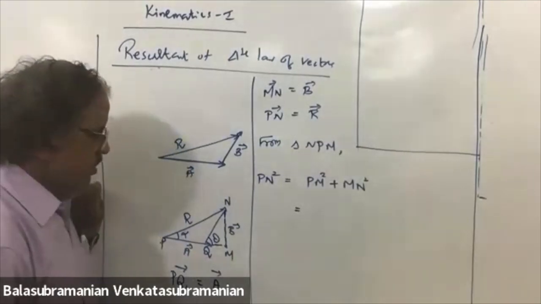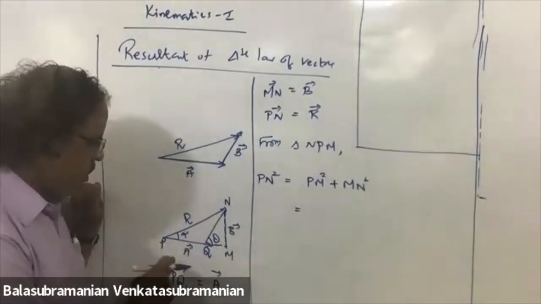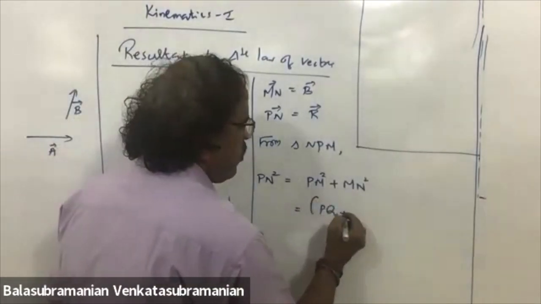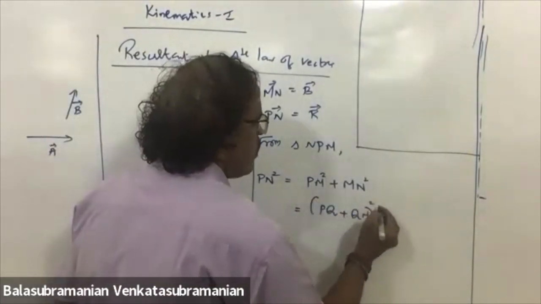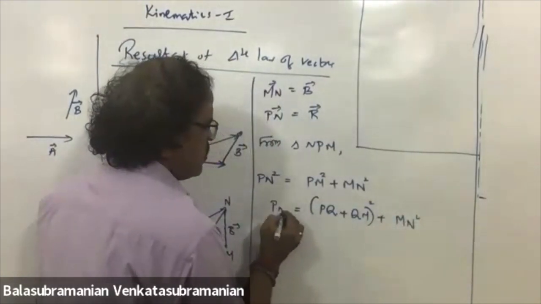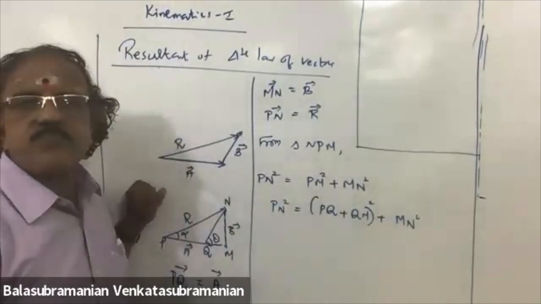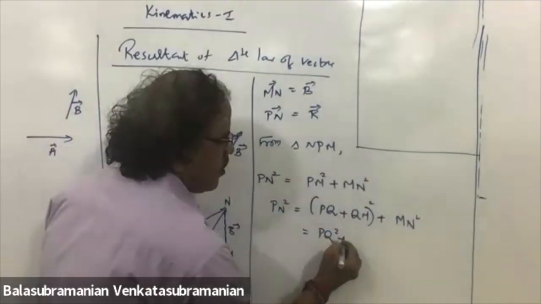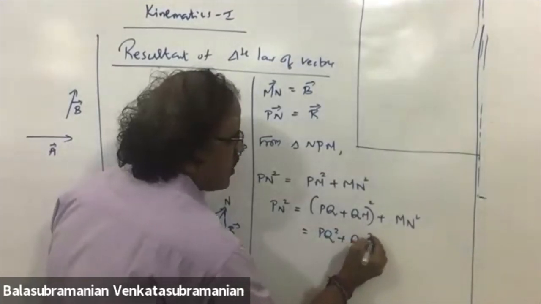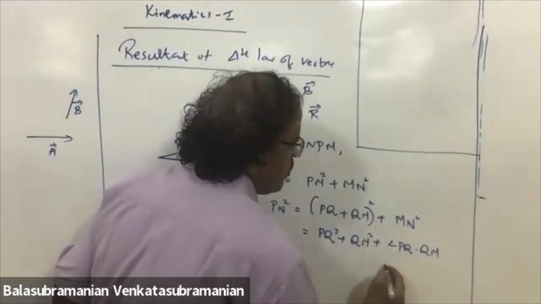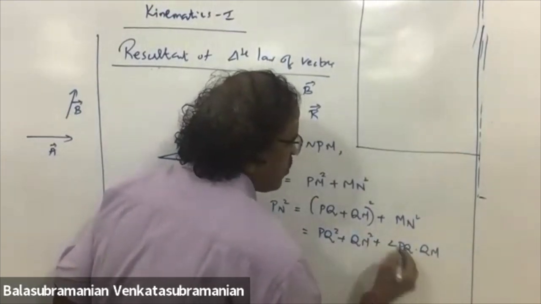Simple case, no? PM is what? PQ plus QM. So it is PQ plus QM the whole square plus MN square. This is PM square: PQ square plus QM square plus 2 PQ QM, plus MN square.